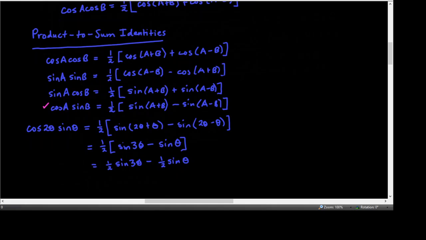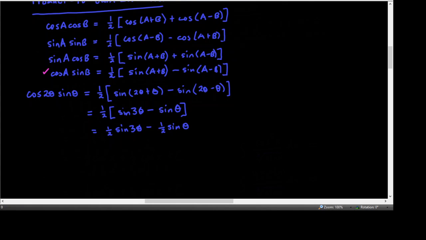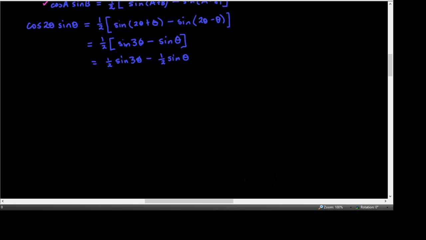Now, we can derive another set of identities called the sum to product identities using those identities we just got. And without my telling you how to do that, I'm just going to show you what those end up being. These are the sum to product identities.